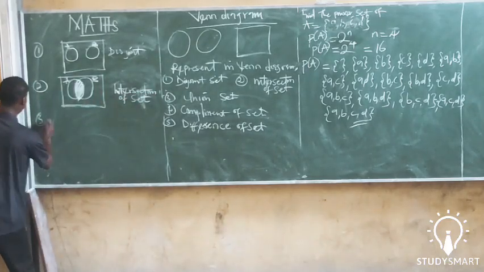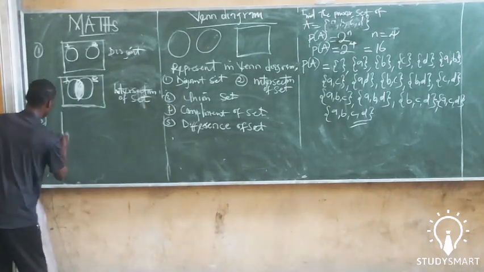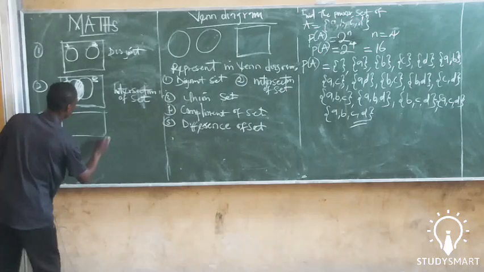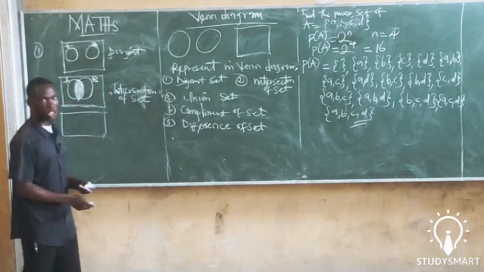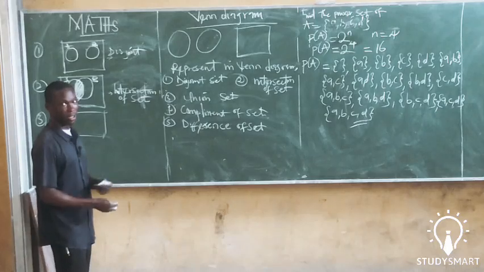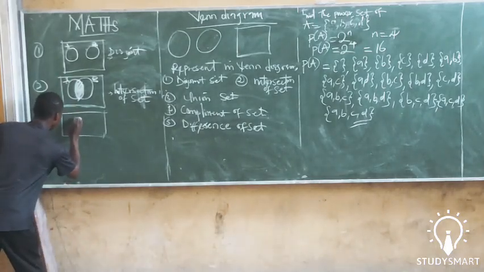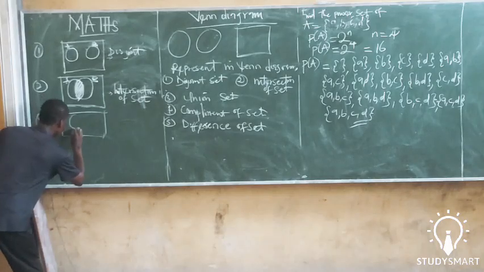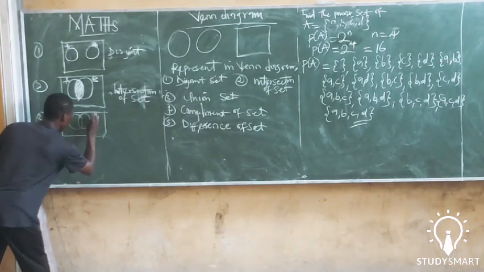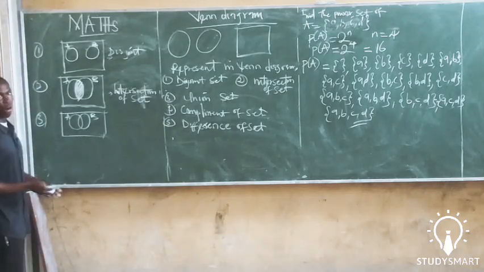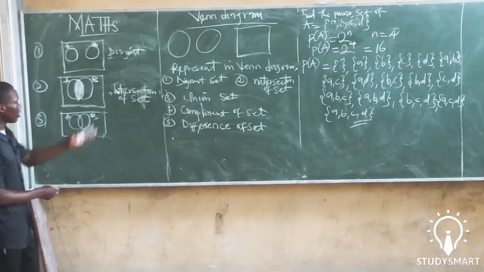And then number 3, the union set. Don't forget, a union set is the combination of the elements in set A and the elements in set B. So which means that if I have this set A and I have set B, the combination of elements in set A and the elements in set B gives me the union set.